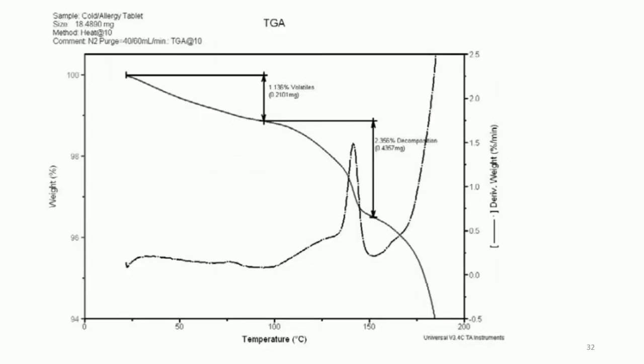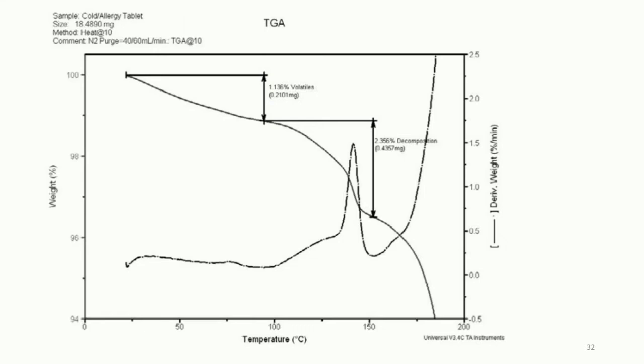This figure shows thermogravimetric analysis results on a cold or allergy tablet, and it is written over there. This is the cold allergy tablet that uses a crystalline drug as active ingredient.